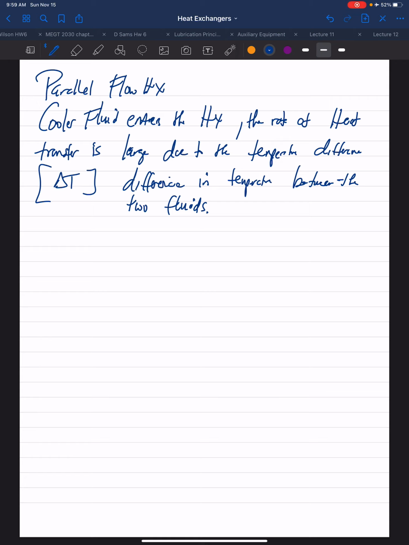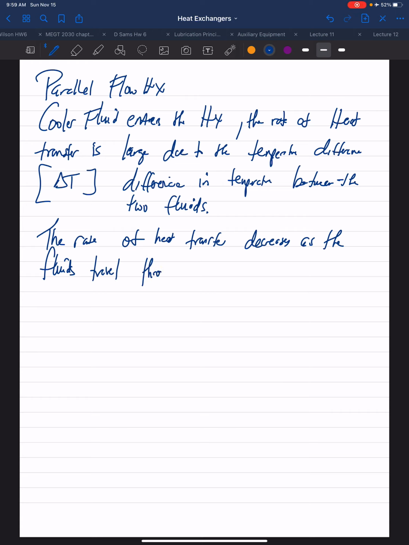So in parallel flow, the rate of heat transfer decreases as the fluids travel through the heat exchanger.